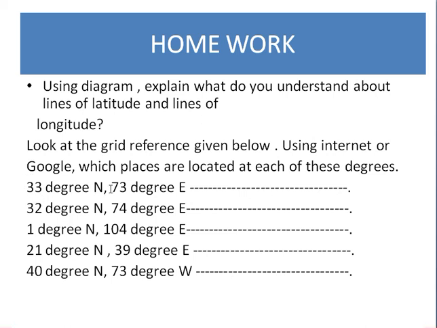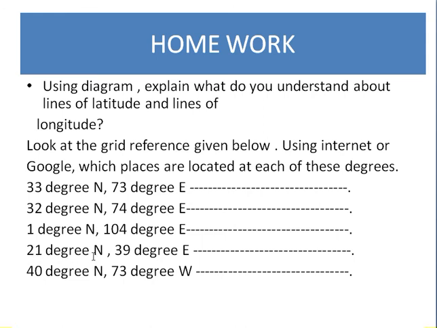33° north and 73° east, then 32° north and 72° east. I think this is one country. If you see, you will find out which country is located here. Then 1° north and 104° east. You have to find out which country is located on the globe at these degrees.